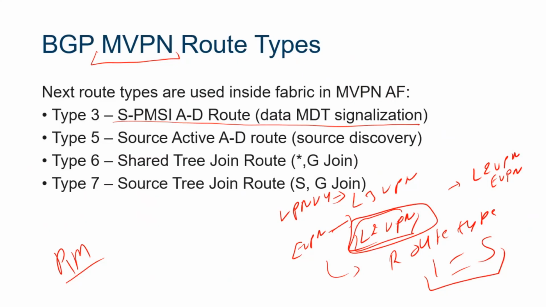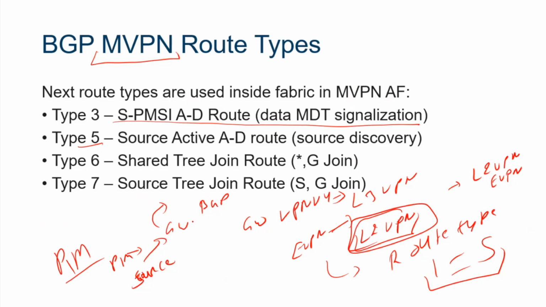But there is this route type 5. Route type 5 is generated whenever any source comes online. When that source sends traffic to its default gateway, let's say this gateway, because now we have implemented BGP this side, right? Remember, here it is PIM. If you remember the previous diagram, from gateway to gateway, let's say these are all different routers.